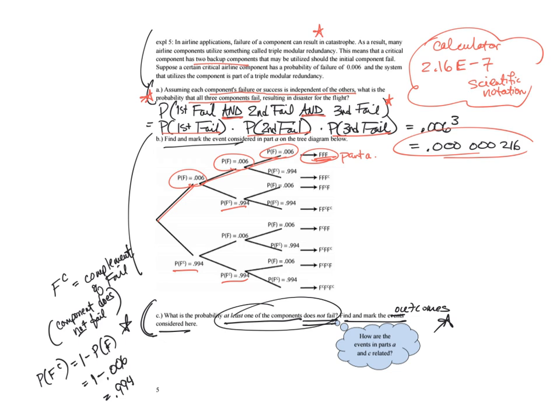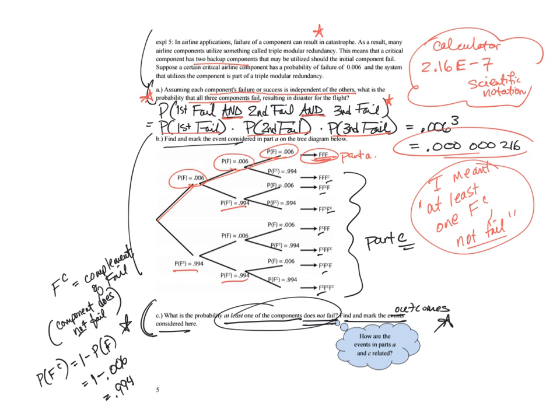So I want at least one F complement. And you'll notice very simply that they're all of these. Look through there. You're going to see at least one non-failure on each one of those 7 outcomes. And this is kind of the point of these at least probability questions.